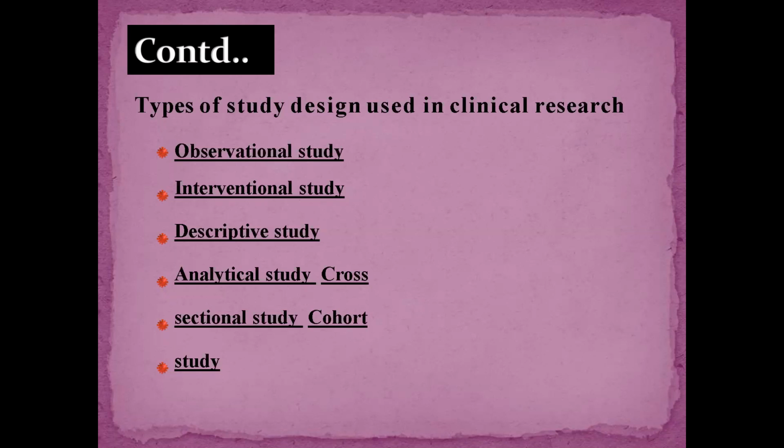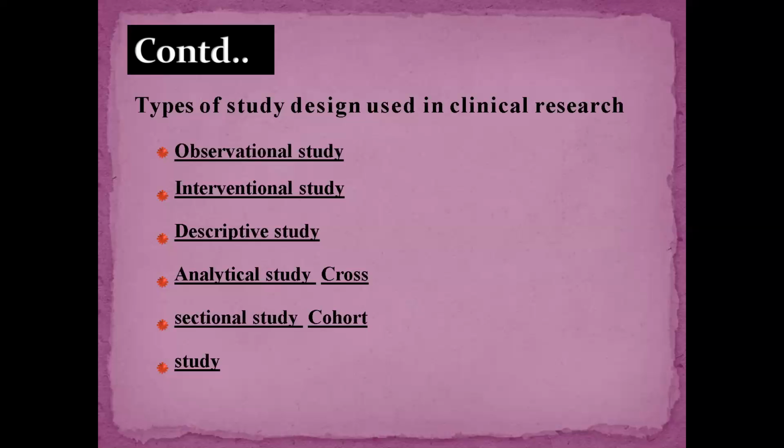The other one is the cross-sectional study. The cross-sectional study is at a particular point of time, from now onwards, what's happening at that particular point of time. We call it a cross-sectional study.